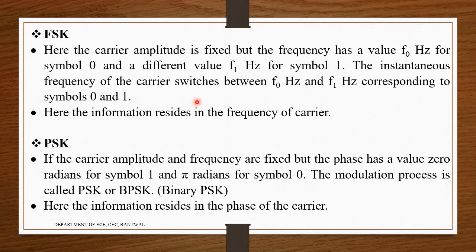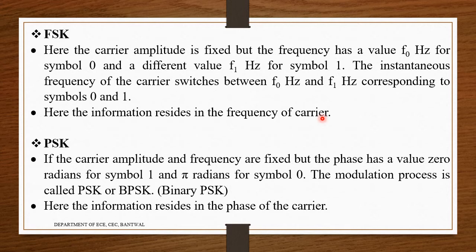So we can conclude that if symbol 0 is there, f0 hertz is represented, and if it's symbol 1, f1 hertz is represented. The information lies in the frequency of the carrier: the higher frequency represents symbol 1, and the lower frequency represents symbol 0. This is all about FSK.